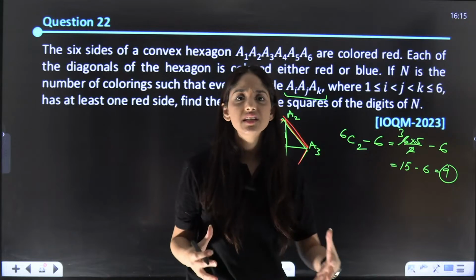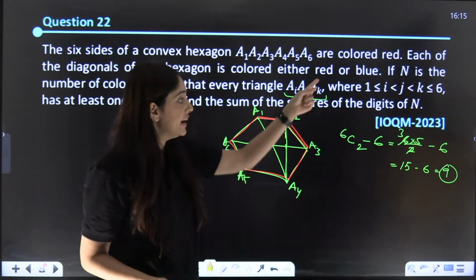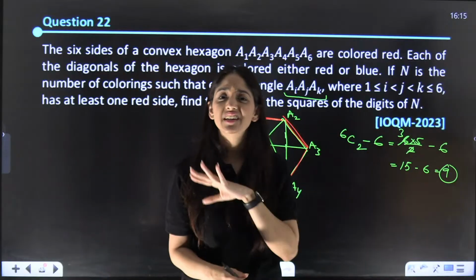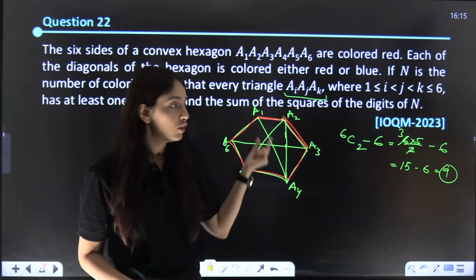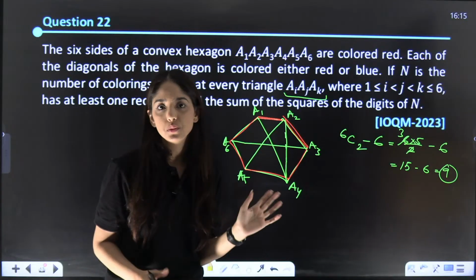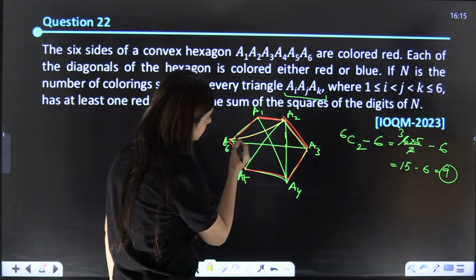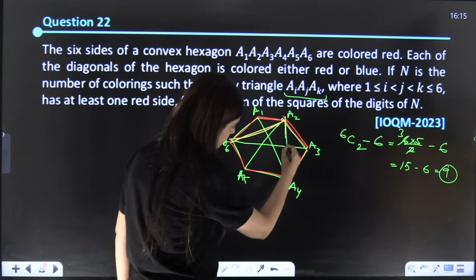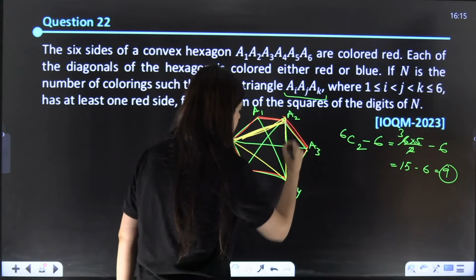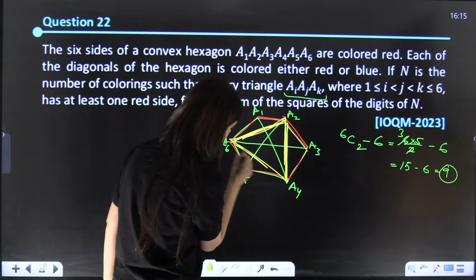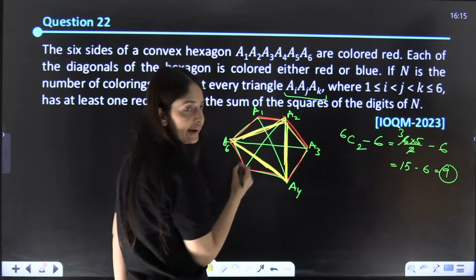Which cases have we not taken care of? The cases when our AIAJAK triangle has none of these 6 sides as one of its sides. So which will be those triangles? Either if we join this, this and this, or A1, A3, A5, right?